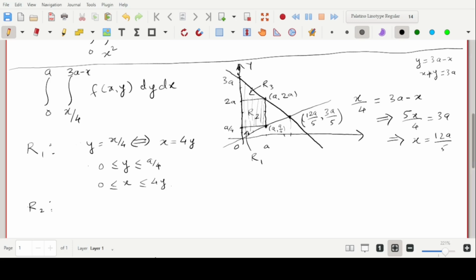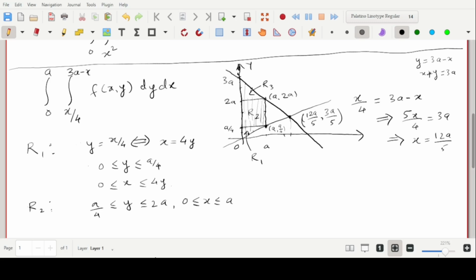Now what are the ranges of x and y for this rectangle? y varies from a over 4 to 2a, and x varies from 0 to a. Here the value of x is independent of y because it's a rectangle.